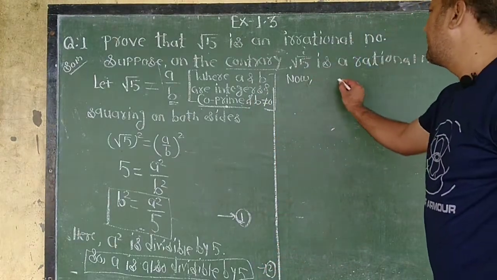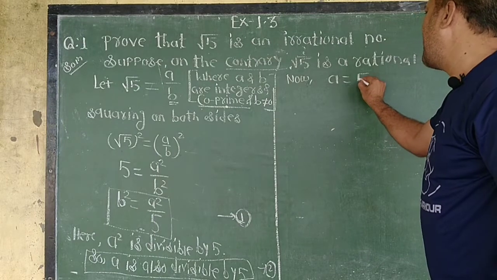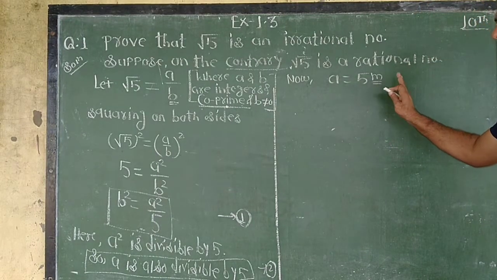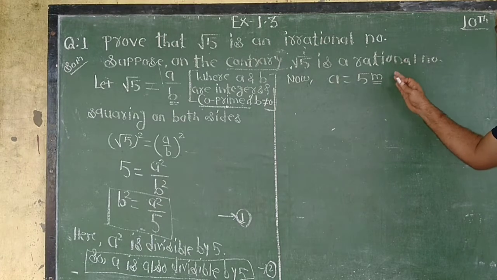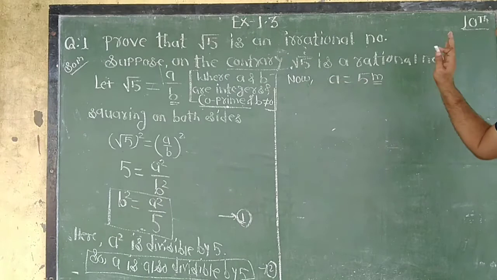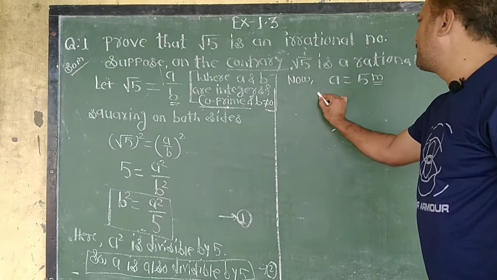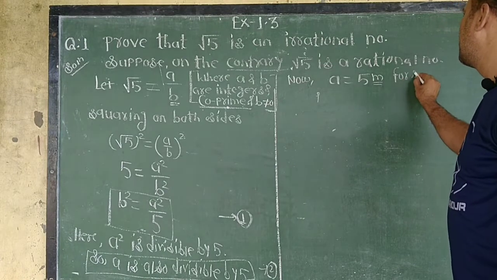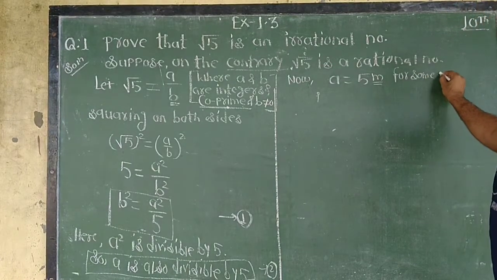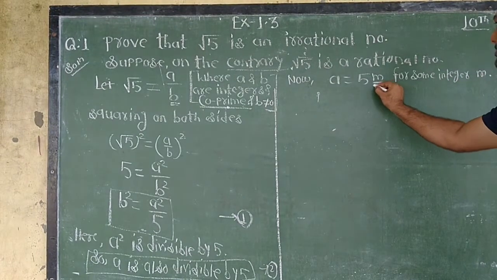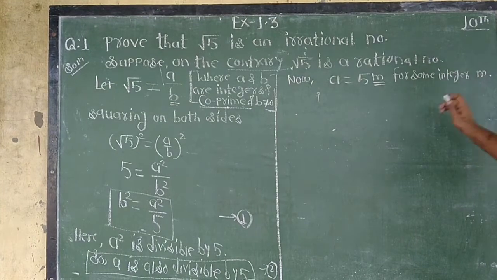Now consider a is equal to 5m. You can take any alphabet, m, n, p, q, r, whatever you want. Then a is equal to 5m, for some integer m.